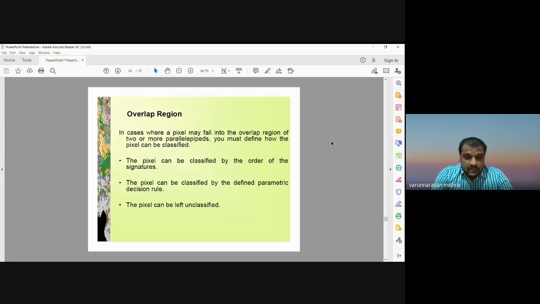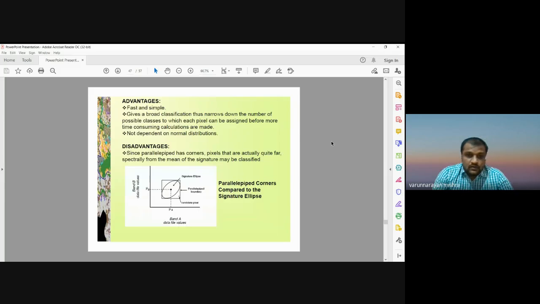And if a pixel does not fulfill any parametric decision rule, it can be left unclassified in the satellite image. The advantages of this kind of classification are that it is fast and simple, it provides a broad classification, and it is not dependent on the normal distribution. The disadvantage of the parallelepiped classification method is that the parallelepipeds have corners. Pixels that are actually quite far spectrally from the mean of the signature may be classified.